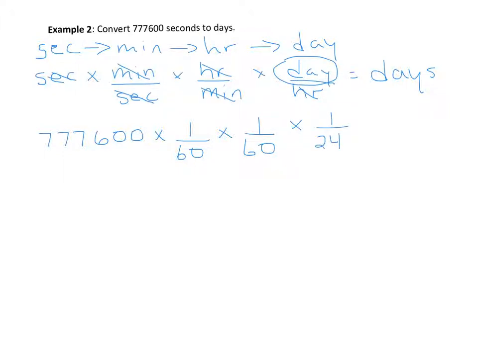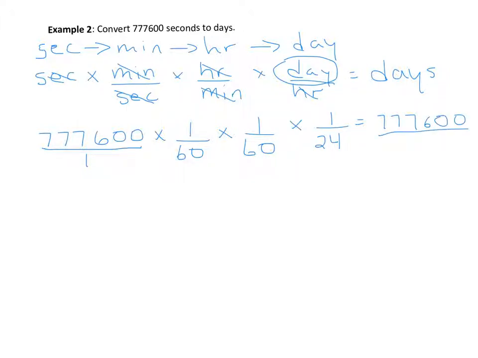If you're not sure what to do with your first number, whether it's a numerator or denominator, just put it over a 1. So now when I multiply my numerators, I've got 777,600 times 1 times 1 times 1, which gives me 777,600.